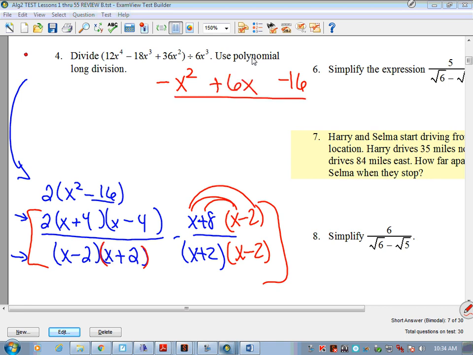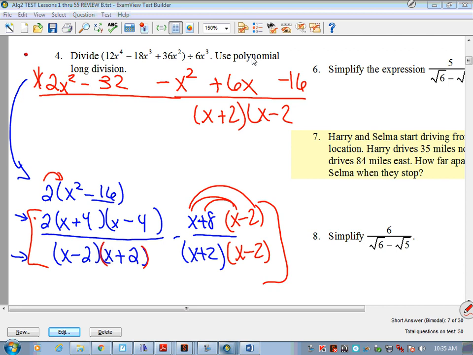Okay, we know that we've got a common denominator of x plus 2, x minus 2. So I can come back and I can bring this original equation back up. So I can actually end up taking this all back in so that I've got 2x squared minus 32. There was nothing to end up changing there. So now what I can do is I can take the numerator and combine those like terms. Okay, so I've got 2x squared minus x squared.